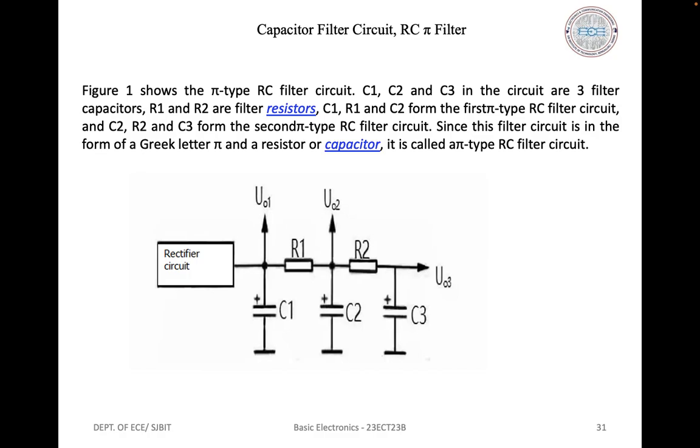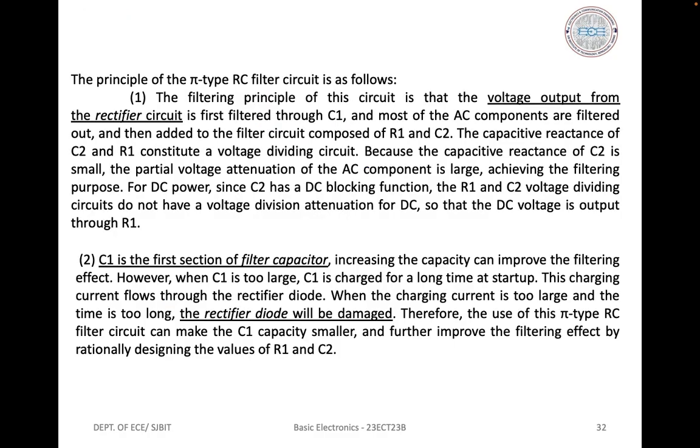By Fourier analysis, the peak value of the fundamental component of the sawtooth waveform can be shown to be Vp equal to Vr by pi.